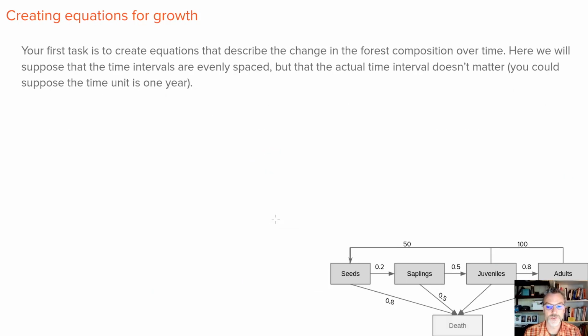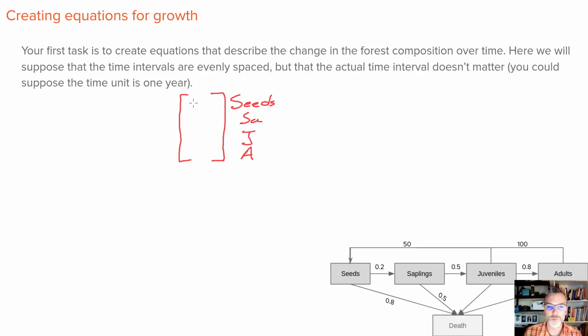Okay, so what we want to do, of course, is use some mathematics and describe this mathematically. And one way we can do that is by imagining we have a vector of numbers here. Each corresponds to the number of seeds, or saplings, or juveniles, or adults.